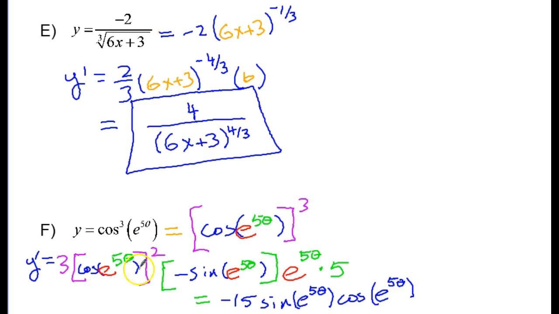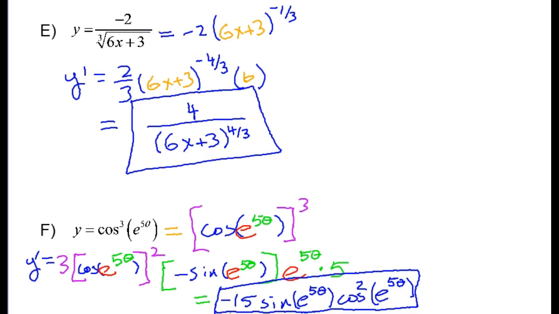All right, but remember this was cosine e to the 5 theta squared. So let me return that square back down to the cosine function. And this will give me my final derivative, negative 15 sine e to the 5 theta times cosine squared e to the 5 theta. So that will be our final expression.